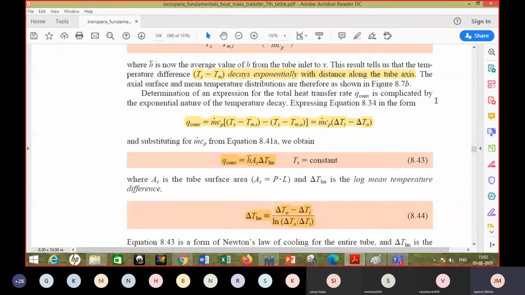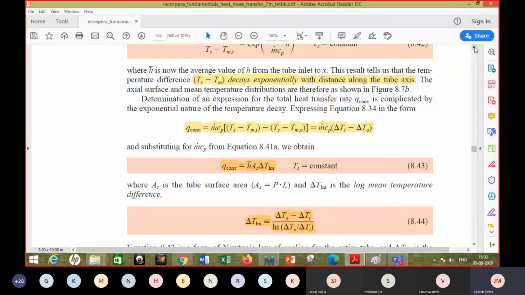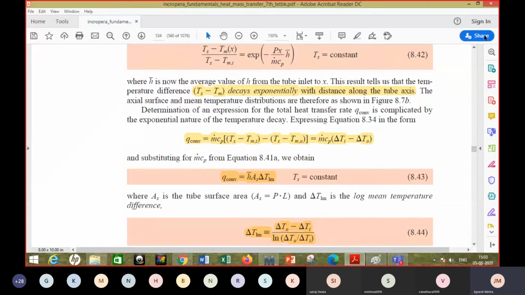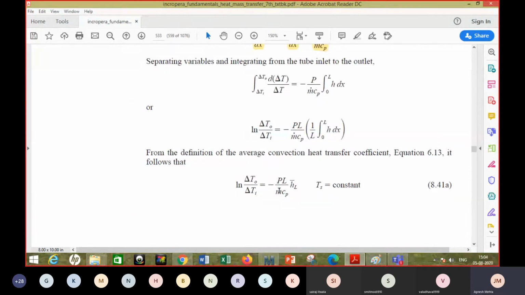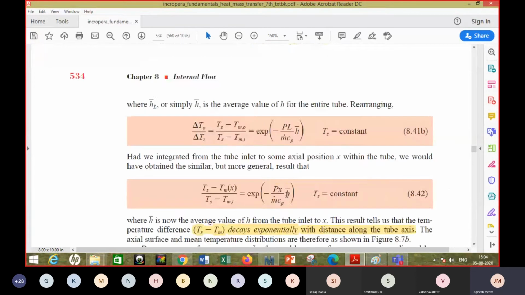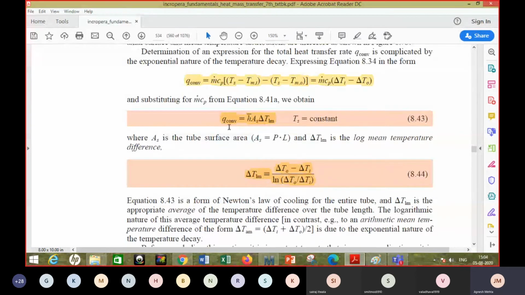And if you replace the value of m dot Cp from the above equation 8.41a, you get this equation: Q convection is equal to h bar As delta Tm. And this delta Tm is actually nothing but delta To minus delta Ti upon natural log of delta To upon delta Ti.